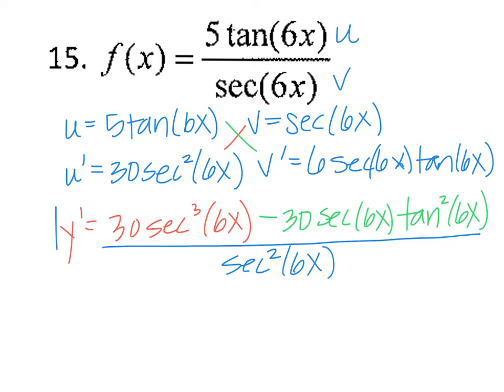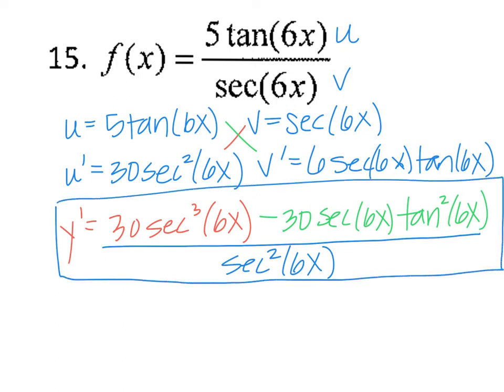Now from here, again, this is the unsimplified answer. If you got here, that's great. Working on simplification, I'm always going to simplify or factor my numerator first and then simplify with the denominator. So in my numerator, I can take a 30 away from each, and I'm able to take one secant out from each. I cannot take any tangents out because my first term doesn't have any.